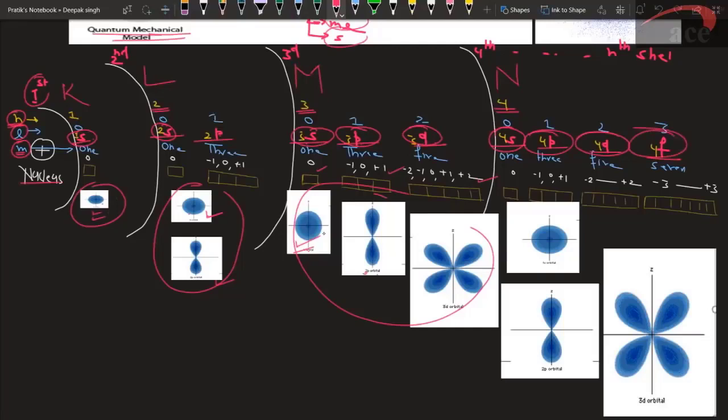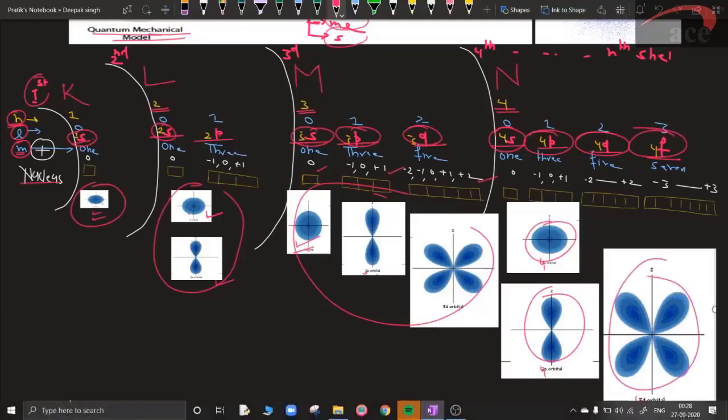This is the 4s orbital, this is 4p, and this one is what? 4d orbital. You got this? So the first division is what? Shell. The shell is divided into subshells, and the subshell is divided into what? Orbitals. So whenever the atom is mentioned, we have to visualize the structure of the atom like this.